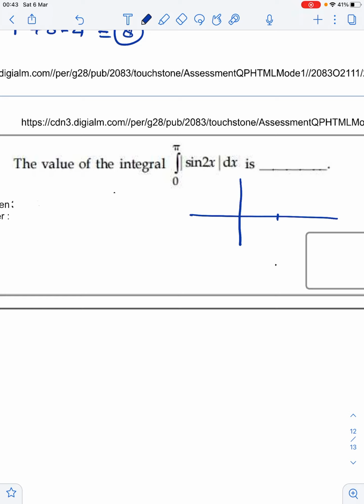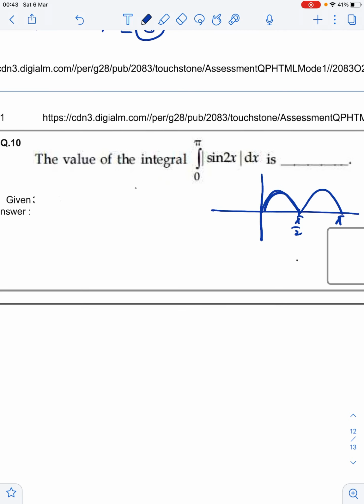Now this is mod of sin 2x, so the period is pi by 2. So in pi by 2, one cycle is completed already. That means there are 2 cycles involved in 0 to pi, and this is the kind of graph.